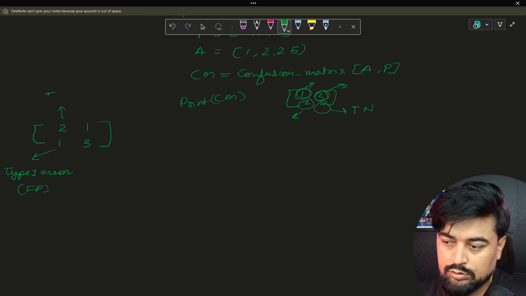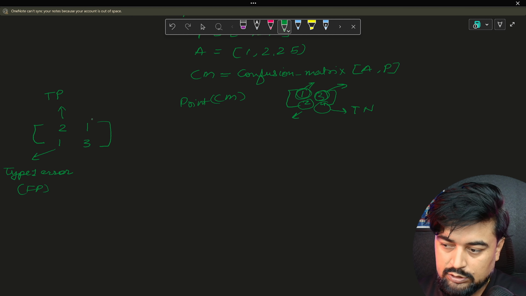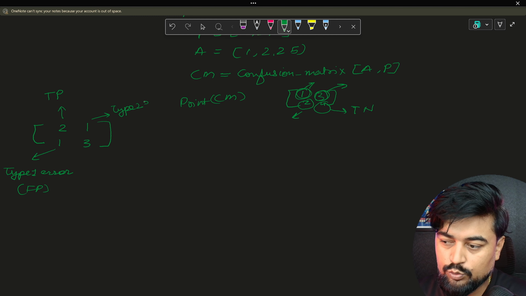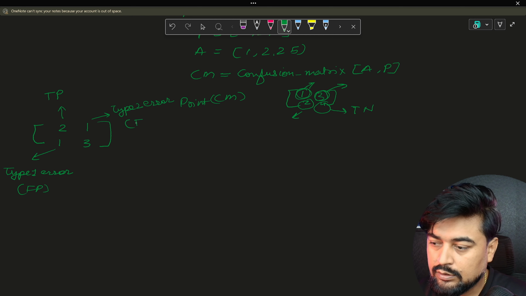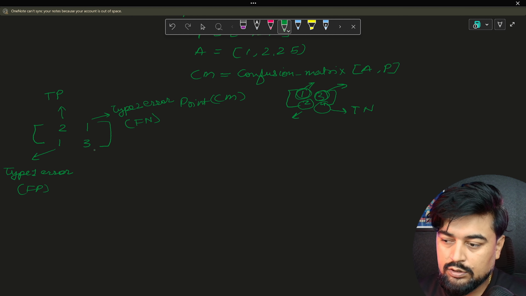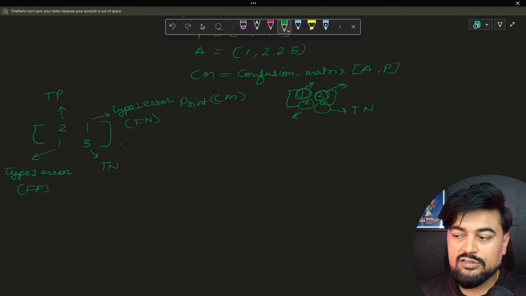This 2 is true positive. This is known as type 2 error also, and this is also known as false negative. This is your true negative. So this was one matrix.